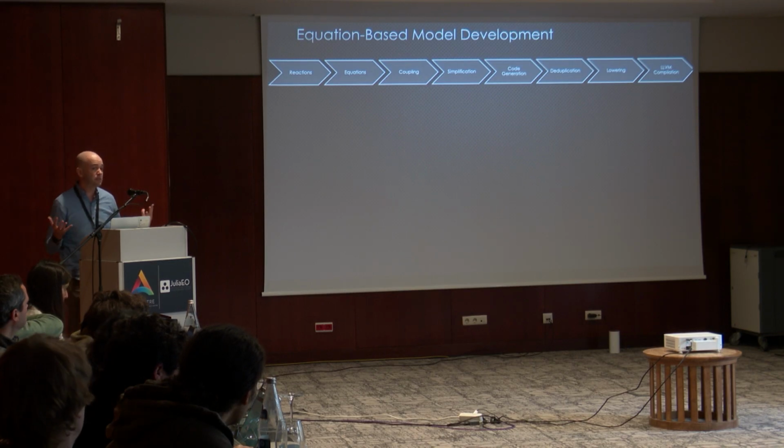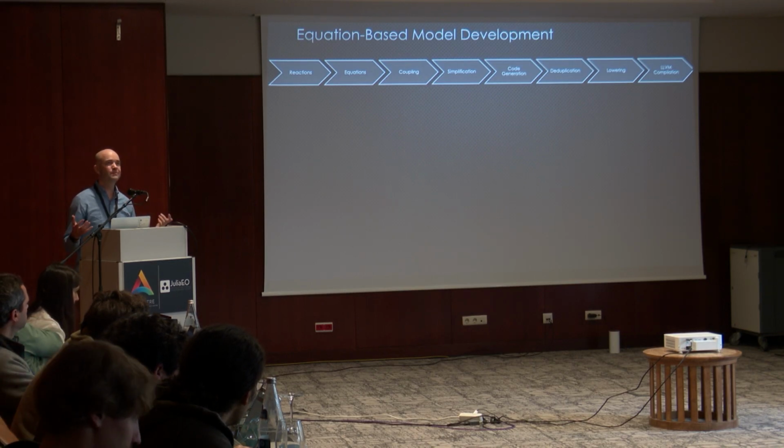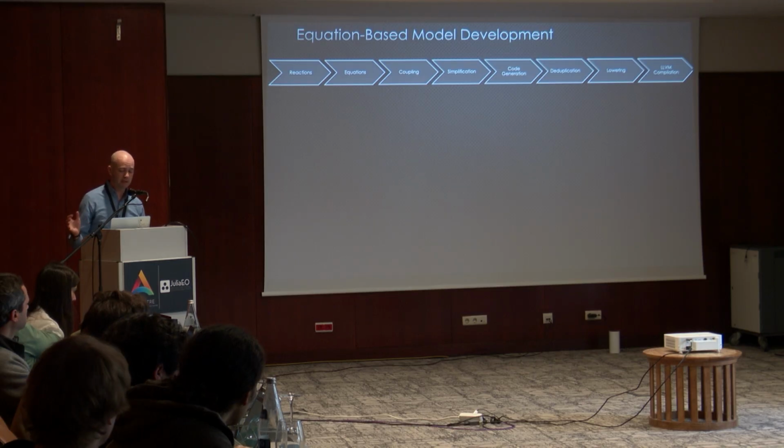So if that's one reason keeping good science from really being used in these processes, then a way that we could fix it is by thinking differently about how we develop our models. Typically now they'd be written in Fortran or something like that, but instead we can try to write them in terms of equations.